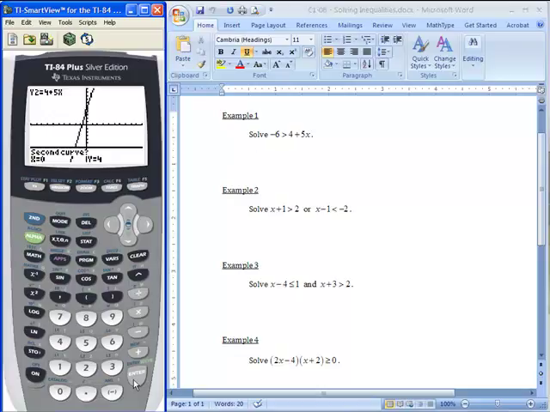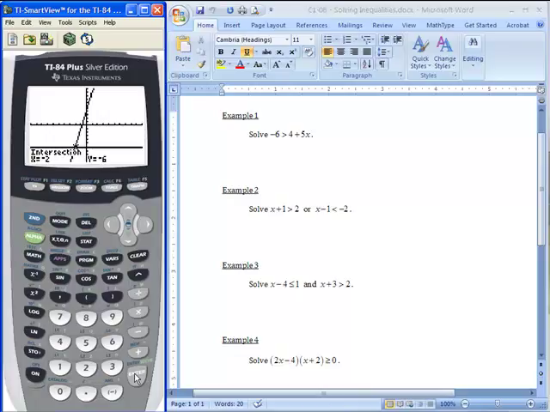So that is the other curve we want, so I'll press enter. And then for the guess, I'll use the cursor key and work my way down approximately to where that intersection lies. And that's about right, so I'll press enter. And the intersection occurs when x is negative 2, and that's what we're most interested in.